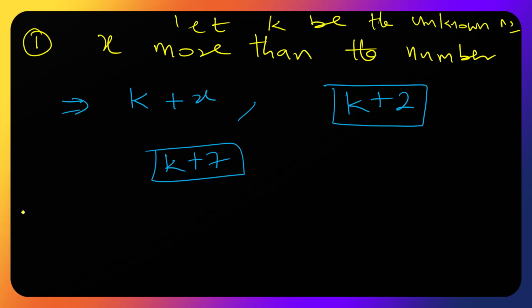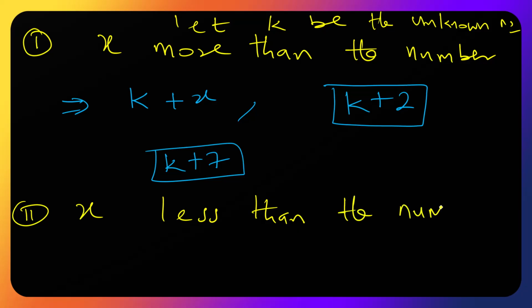Now let's talk about the next one. That will be the opposite. So x less than the number. I'll make it simple for you. Just look at the first one. We have more than and this one less than, so that will be opposite.